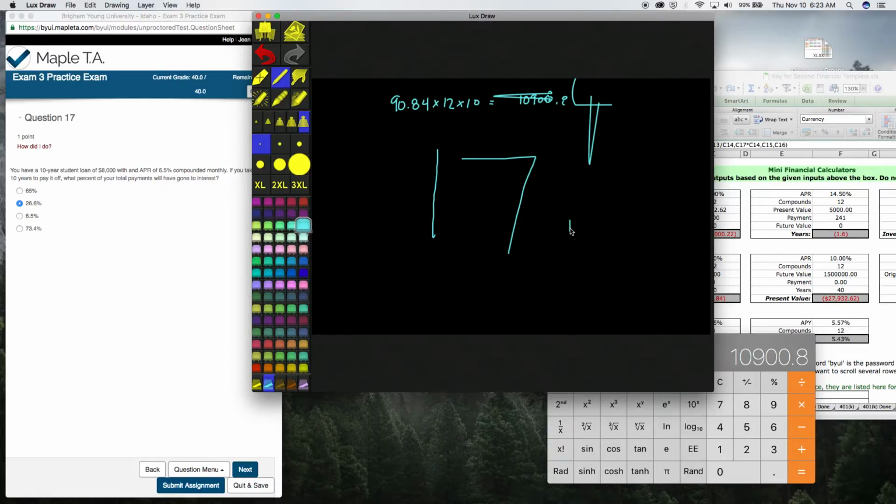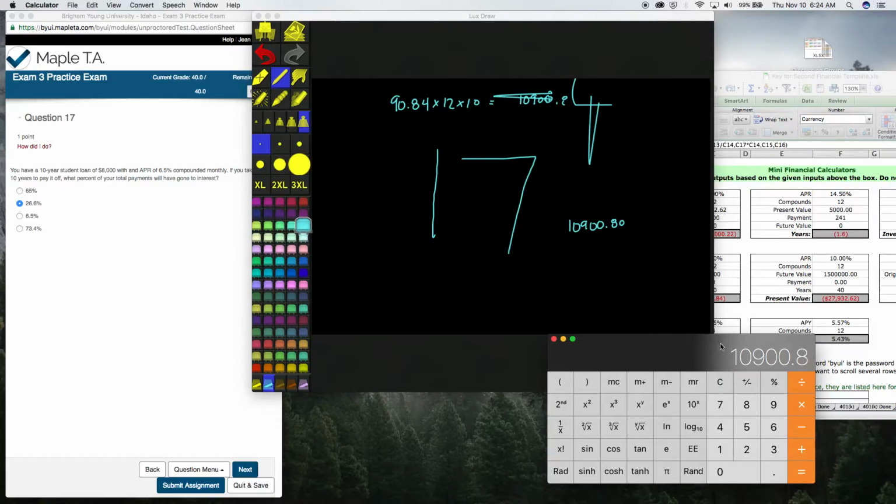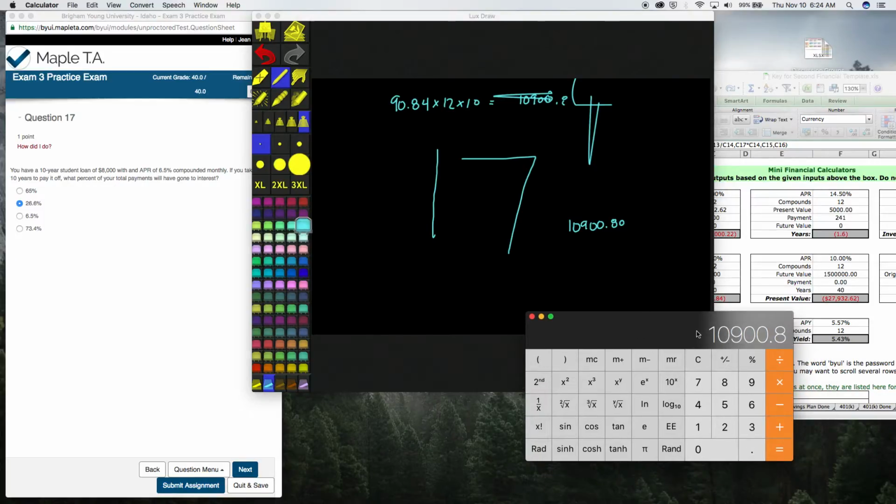Let's try this again. The answer down here is how much total you're paying on the loan. Then you would subtract the price of the loan, which is 8,000.